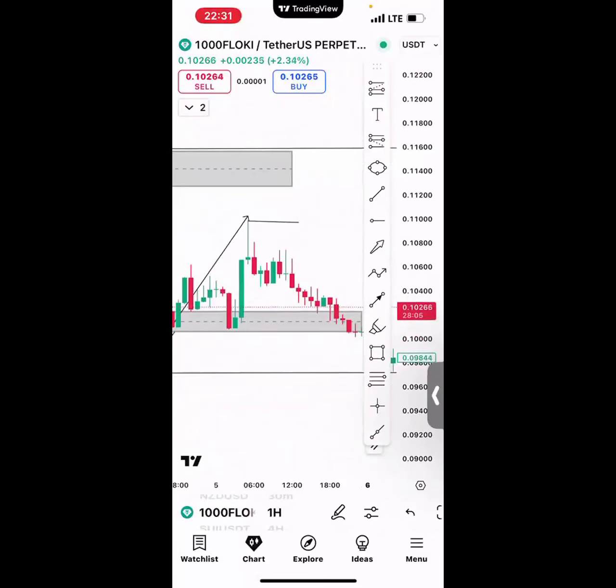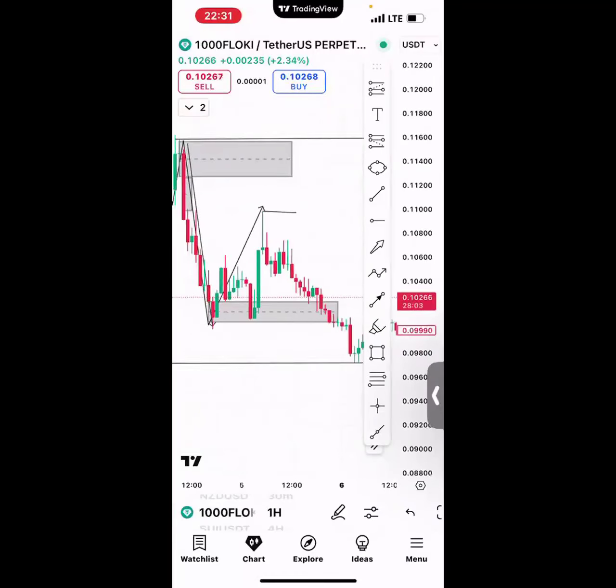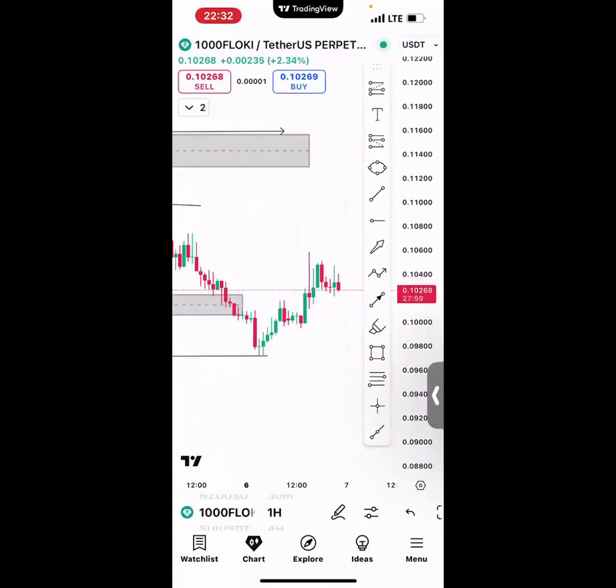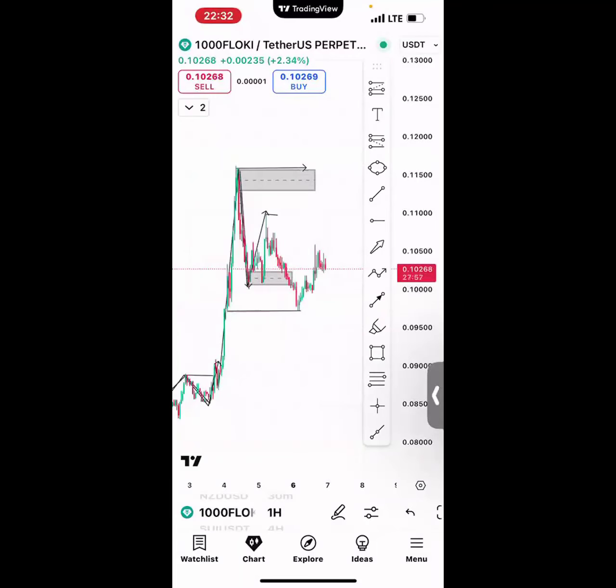This market is already in a downtrend, and it will ride it down to the next down level, which might possibly be around here, our recent low.